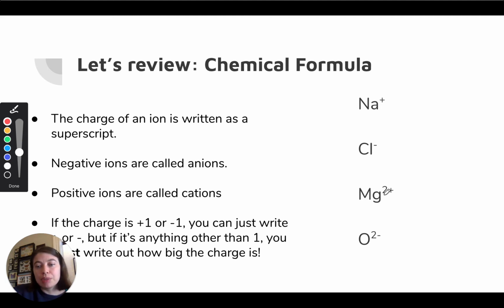But if it's +2 or +3 or -2 or -3, then you have to say how positive or how negative it is. Remember that positive ions are called cations. So here, both magnesium and sodium are cations, while negative ions are called anions. So here, chlorine is an anion with a charge of -1, and oxygen is an anion with a charge of -2.